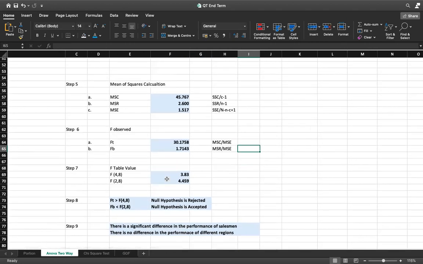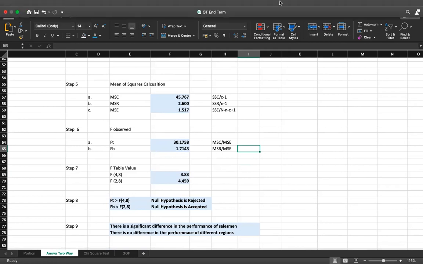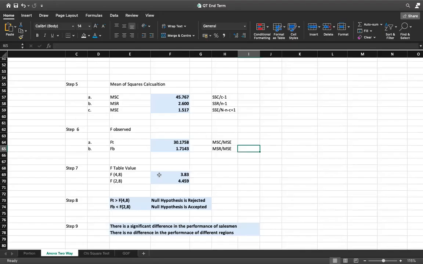Now after that, you will be finding your F table values. So the first F table value is your F4,8. How do you get this 4,8?